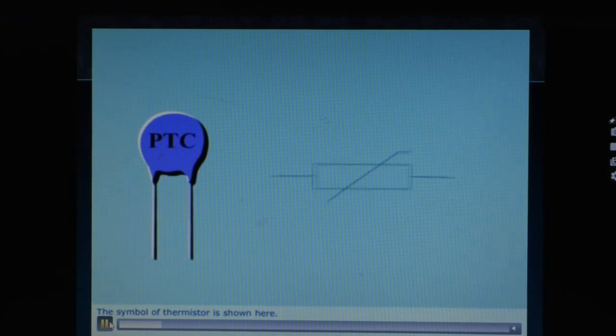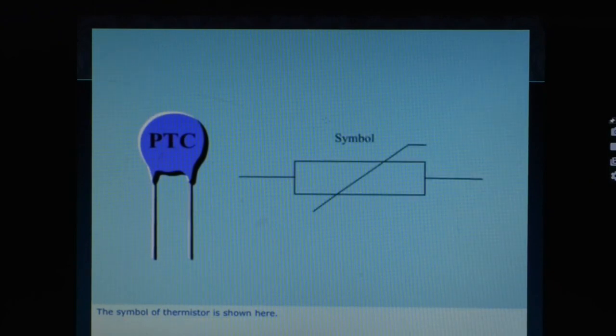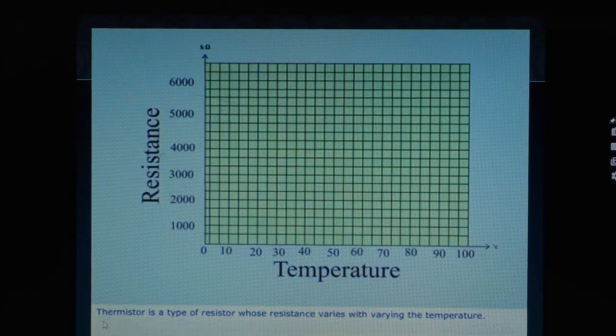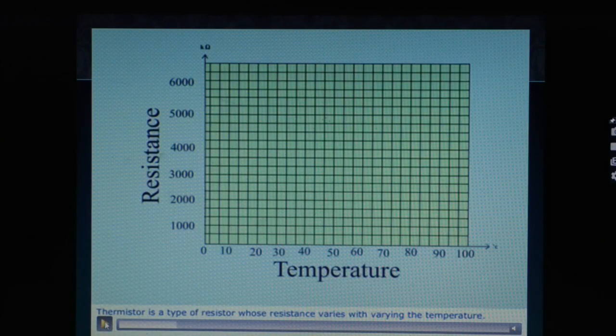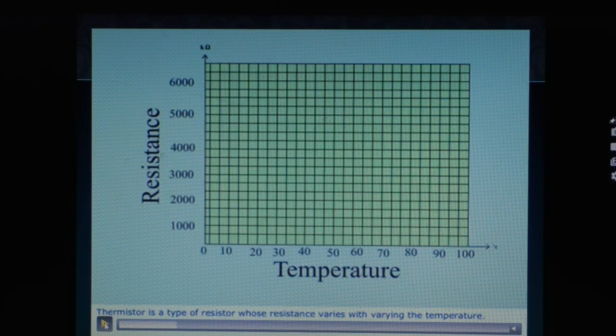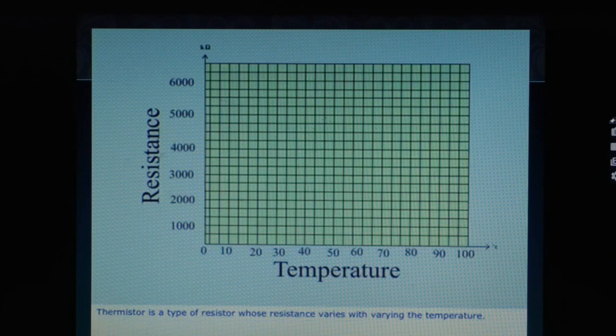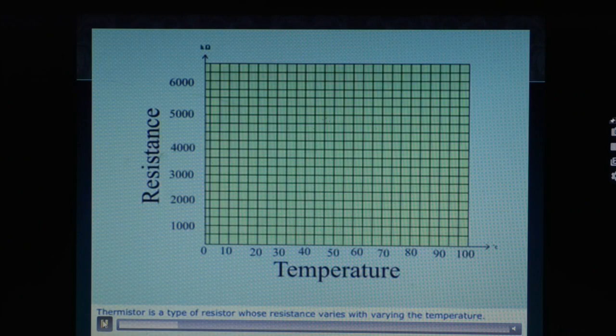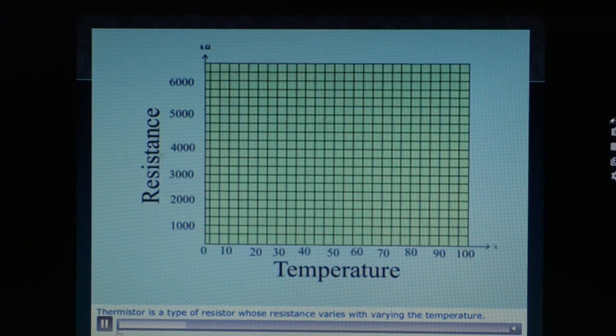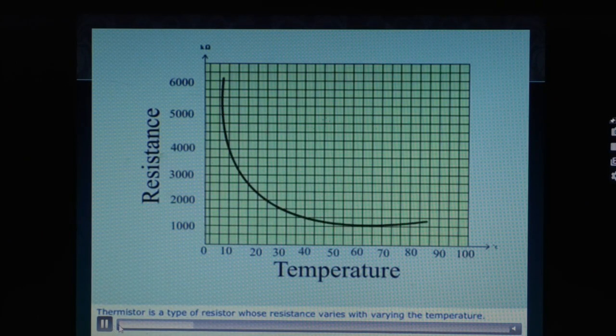All right, this is PTC. This is a symbol, how it is used in the circuit diagram. When we plot a graph, resistance versus temperature, then the variation of resistance with variation in temperature is shown in the given graph. Such type of curve comes.